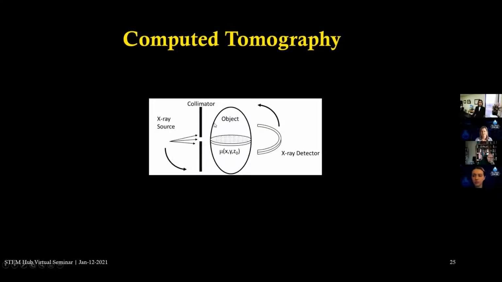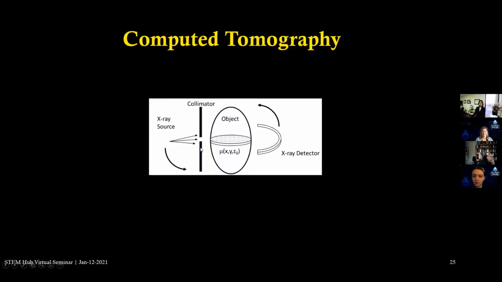So how is this possible? In computed tomography, you have a collimator here, and this collimator narrows the X-ray beam. So this is your object of interest, and you're only directing the X-rays at this slice.